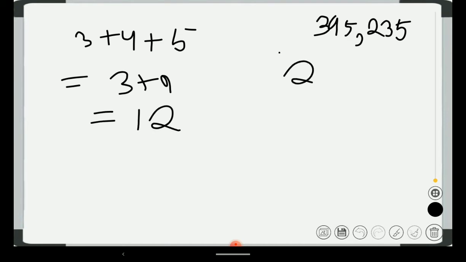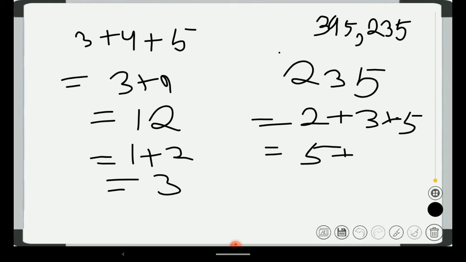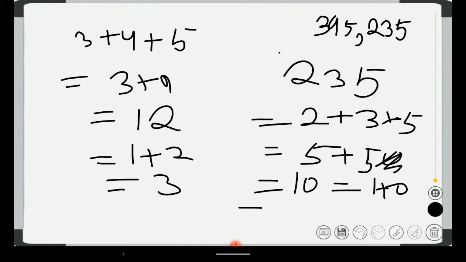Now 1 plus 2 is 3. Now 235. So 2 plus 3 plus 5 gives 5 plus 5, which is equal to 10, which is equal to 1 plus 0, which is equal to 1. So 1 is not divisible by 3, but 3 is divisible by 3. So 345 is divisible by 3, but 235 is not divisible by 3.